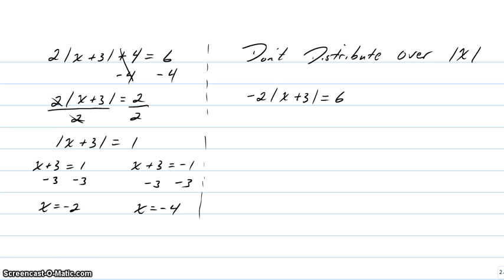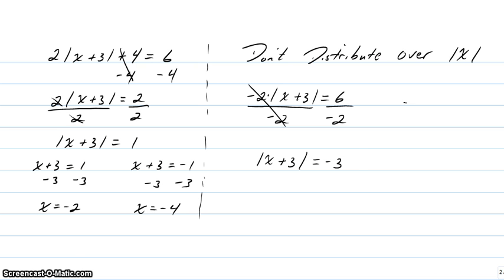Technically speaking, when I divide both sides by a negative 2 here, which is what we want you to do, because we do not want to distribute, I get the absolute value of x plus 3 to equal a negative number. And we said earlier on in the recording that that can't be possible. There's no number that I can put into this absolute value that's going to cause an answer of negative 3.